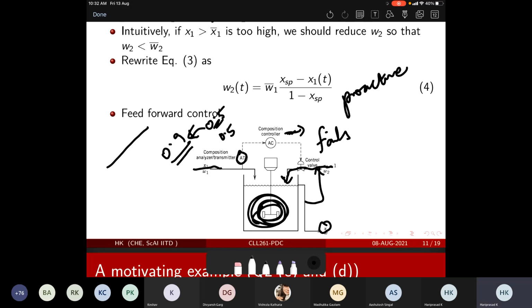So feed forward control, even though it is good, is a double-edged sword. Unless you are very, very sure about it, you apply it, because it would tend to accentuate your downstream process effect. Any doubts here?